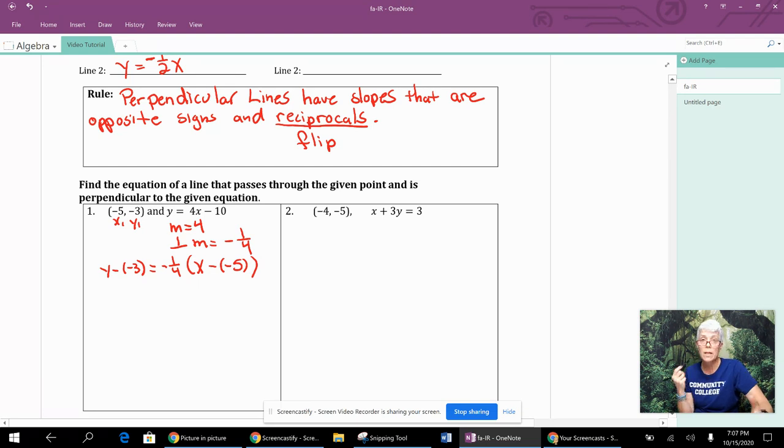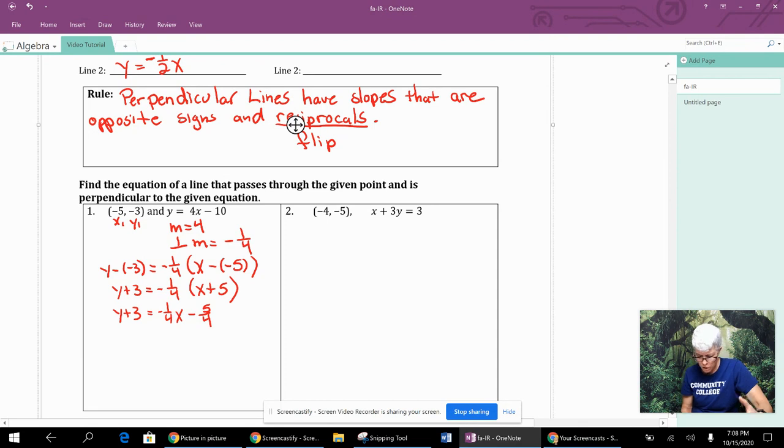All right, I have to clean this up because it's kind of a mess. Y plus 3 equals -1/4 x plus 5. Moving on, I'm going to distribute my -1/4 to x plus 5, and I will get a -5/4 right here.